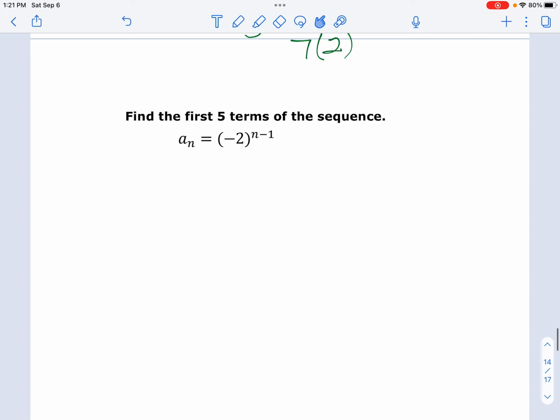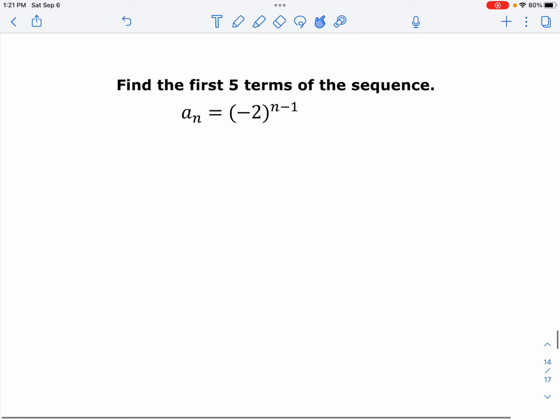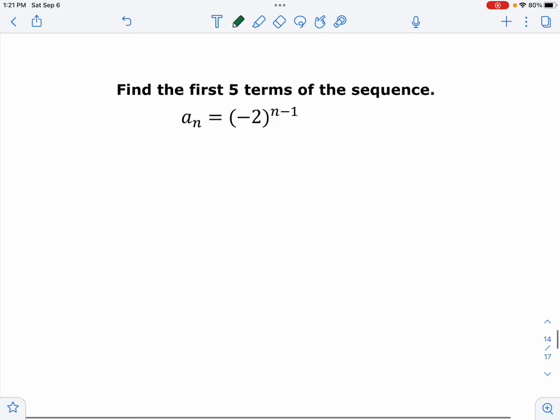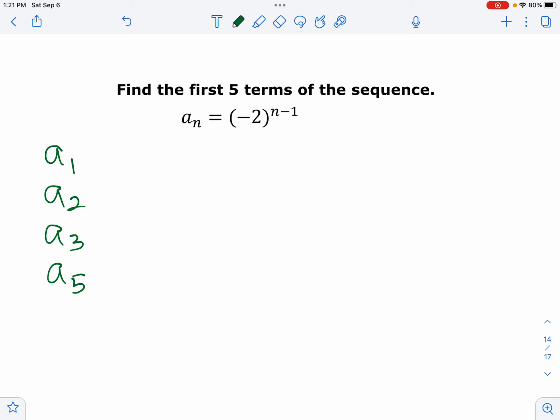Here's a different way that you might see an explicit formula written. Notice it's a lot different, but it still works the same.